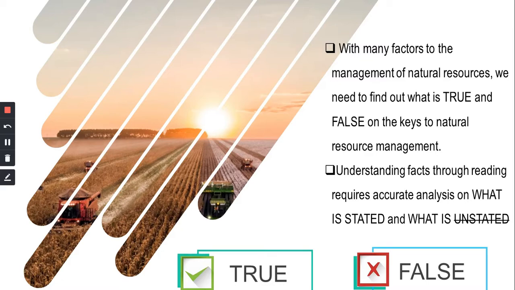And in this case, understanding facts through reading requires accurate analysis on what is stated and what is unstated. Jadi dalam reading kita perlu memahami betul apa sih yang tertulis atau true berdasarkan teks dan apa yang unstated atau false berdasarkan teks. So, what is stated detail and what is unstated detail? Let me show you the details.